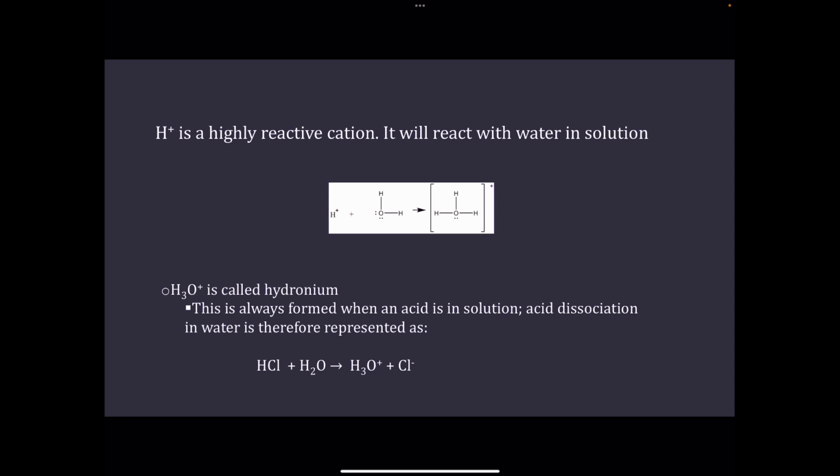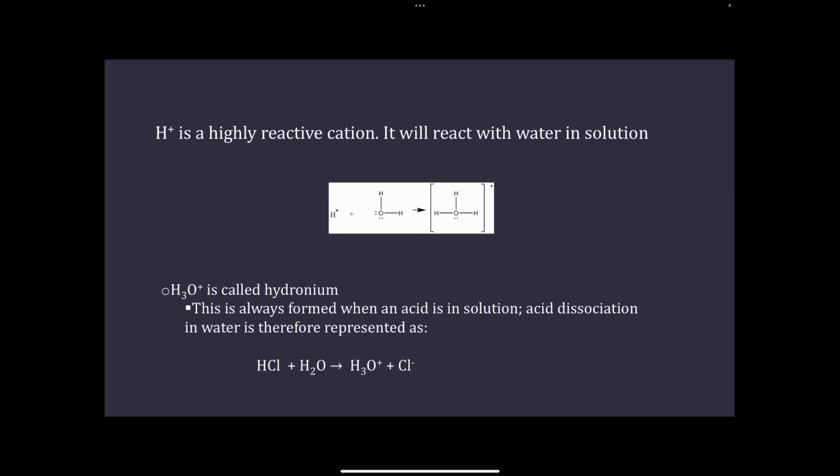Now, one thing we also have to keep in mind is that H+ is highly reactive. It's a highly, highly reactive cation. The instant it gets released off of a compound, it's going to react with water in that solution. The H+ is going to interact with that water and it's going to produce what we call hydronium, H3O+. This is always formed when we have an acid in solution.